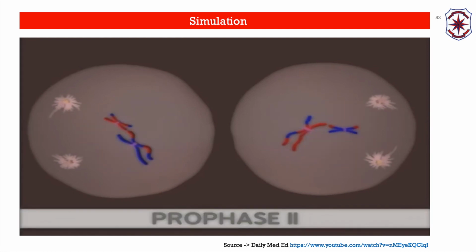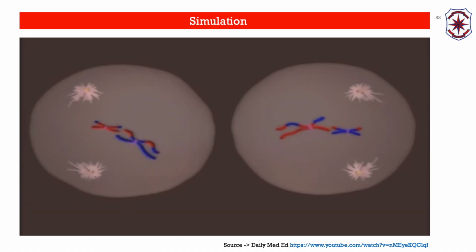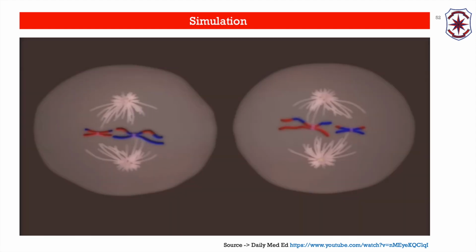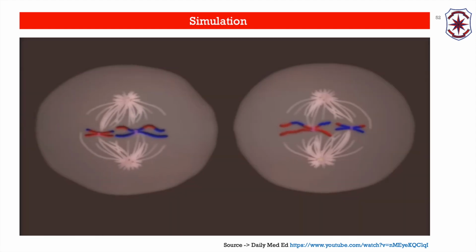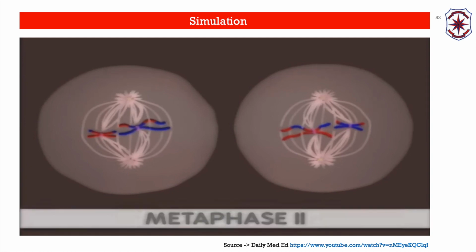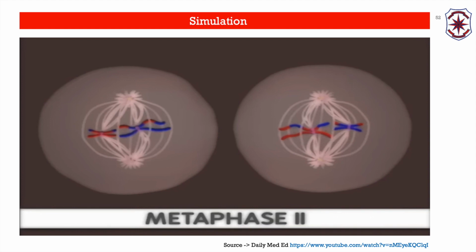And then now we are beginning metaphase 2. The individual chromosomes are lining to the equator of the cell. Spindle fibers are attaching to the centromeres of the individual chromosomes.